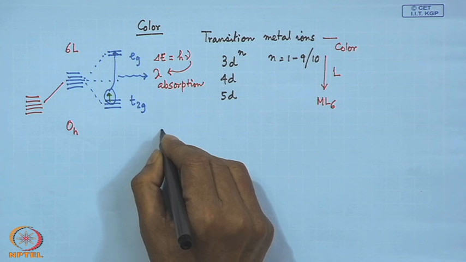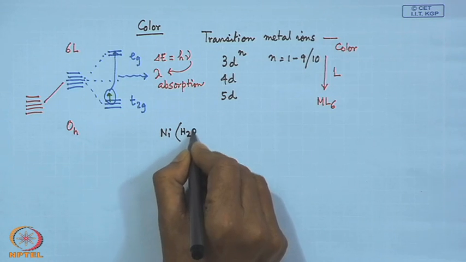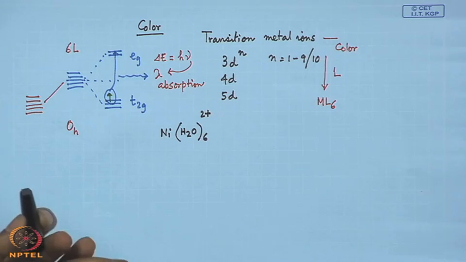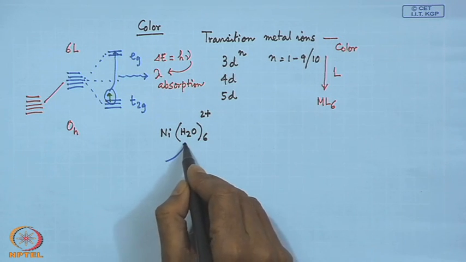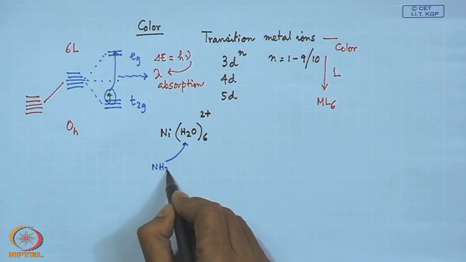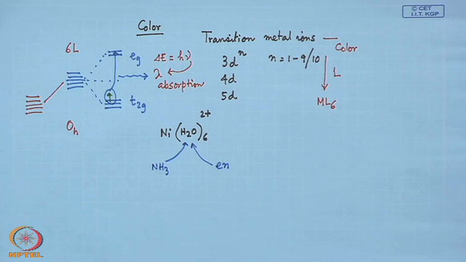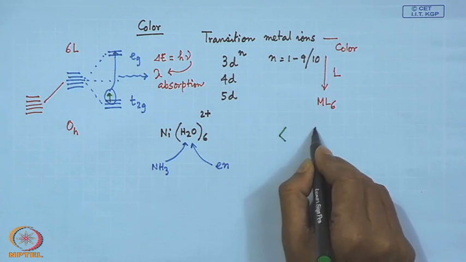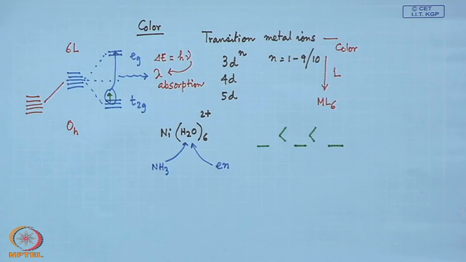And we have seen that in the case of simple molecules like the hexaaqua compound of nickel 2+, if we substitute these by ammonia as well as ethylenediamine, the ligand strength changes, because they are at different positions in the spectrochemical series.